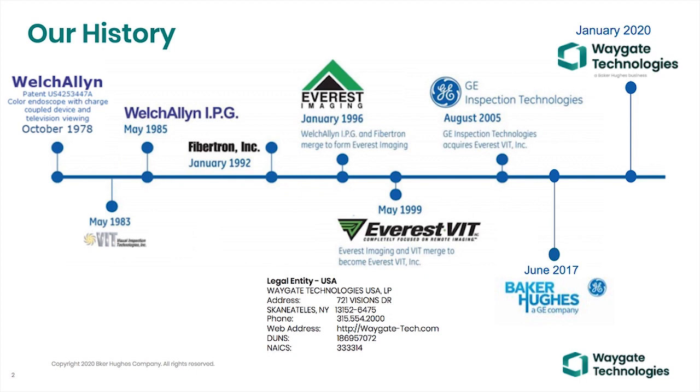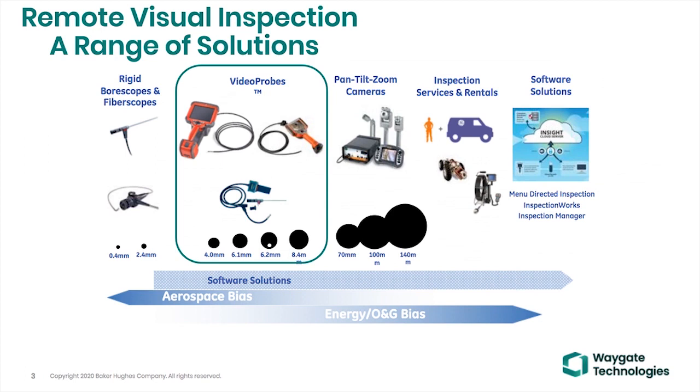And when we look at what is in the portfolio that you may use when you're doing a remote visual inspection, it covers everything from a 0.4 millimeter optical instrument that you look through with your eye into the video borescope family there in the middle. That's where we're going to be spending today primarily.